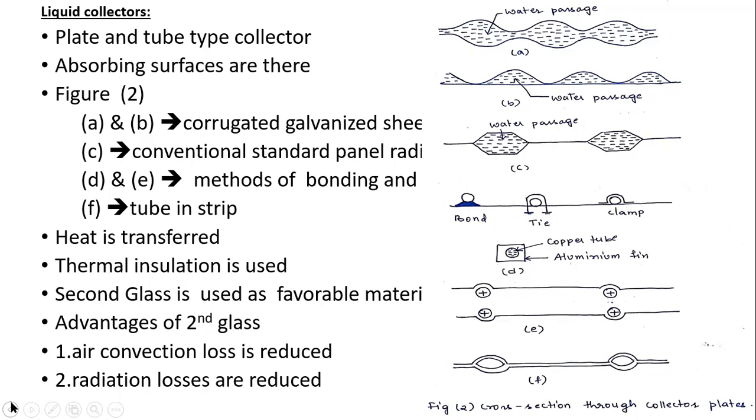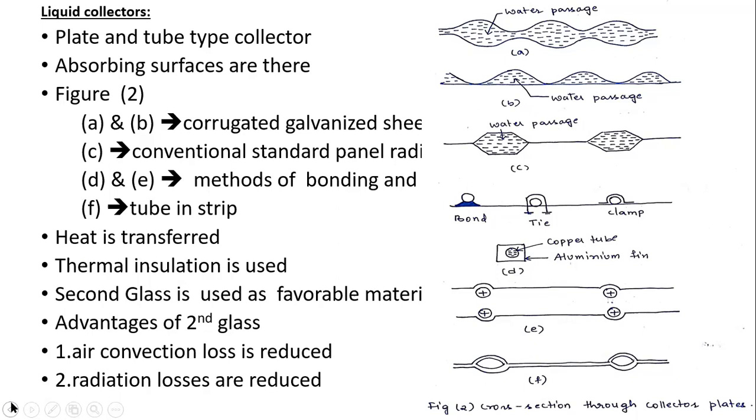In the first place, the still airspace between the cover and the absorber plate largely prevents the loss of heat from the plate by convection.